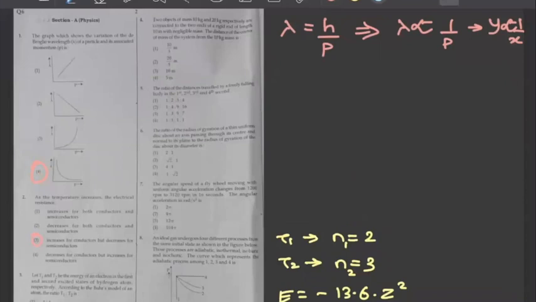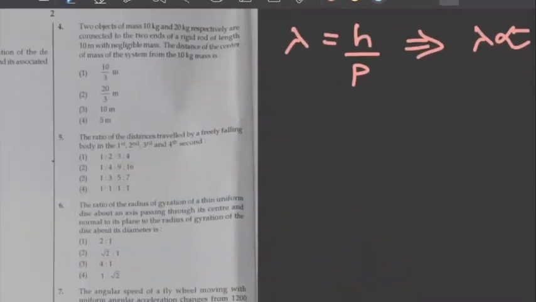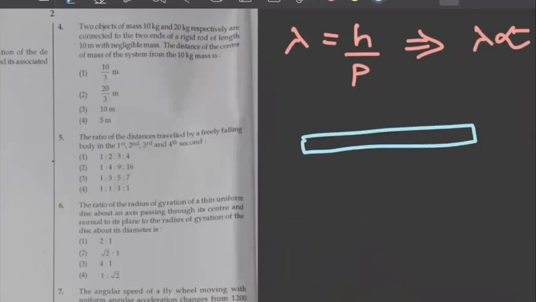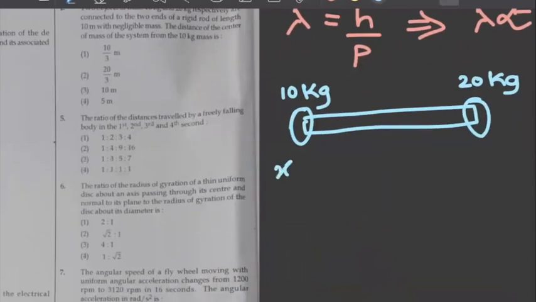So the fourth one now, two objects of mass 10 kg, 20 kg respectively are connected to the two ends of a rigid rod of length 10 meters. So I have a rod 10 meters, I have object 1 10 kg, object 2 20 kg, and this rod is massless. Now the distance of the center of mass of the system from the 10 kg mass, so obviously I'm going to use XCM is M1 X1.